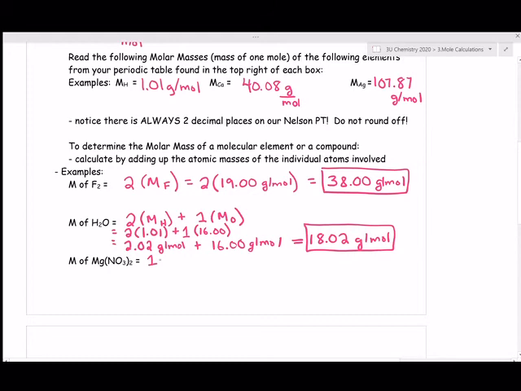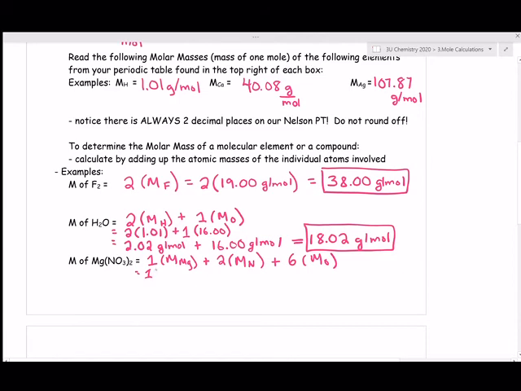So we're going to have 1 molar mass of magnesium. Now for nitrogen, 1 inside the bracket times 2 gives us a total of 2 nitrogens. So we're going to need 2 molar masses of nitrogen. And finally, for oxygen, 3 inside the bracket multiplied by 2 is 6 oxygens. So 6 molar masses of oxygen.